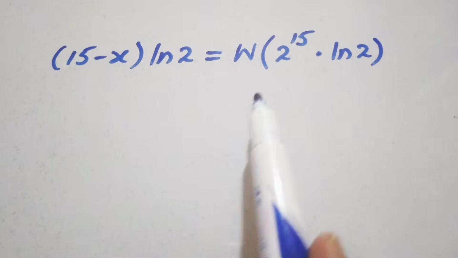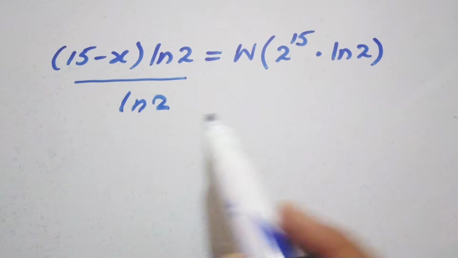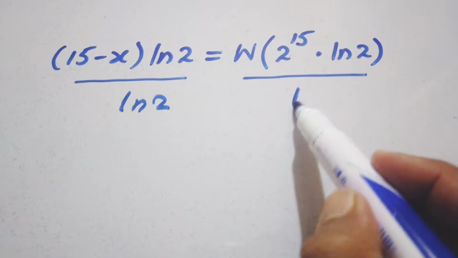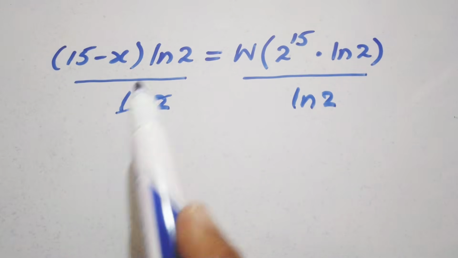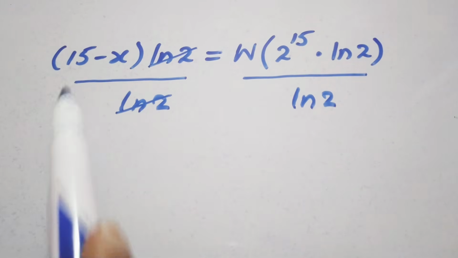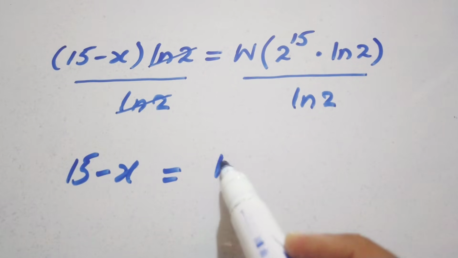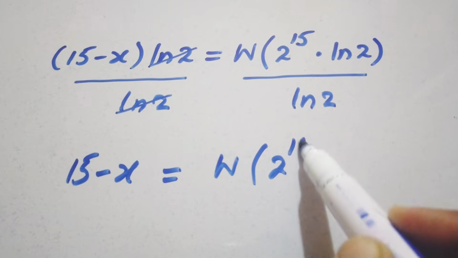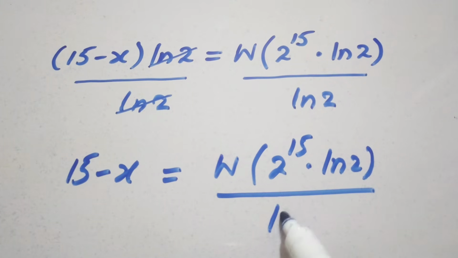Now dividing both sides by natural log of 2. So at the left hand side, this natural log of 2 and this natural log of 2 cancel each other. We will be left with 15 minus x is equal to W of 2 power 15 into natural log of 2, divided by natural log of 2.